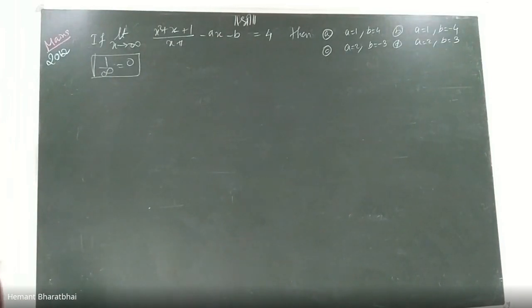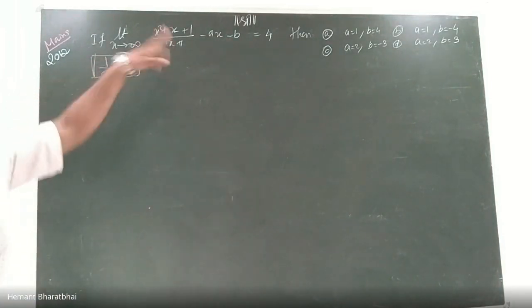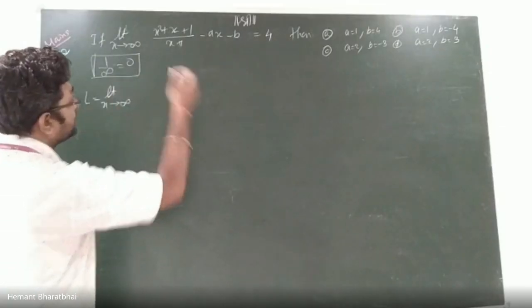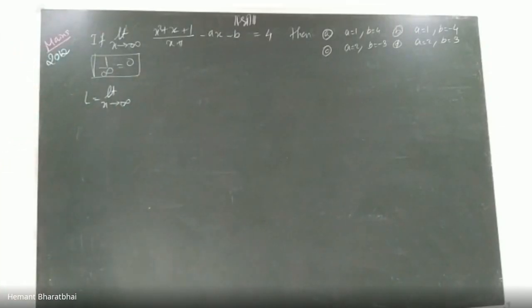Why? Because 1 by infinity is 0. So the technique will always be somehow we take the terms common and get this kind of term 1 upon x, so that I can substitute the limit. Before that, first we'll equalize the denominator because we need to find out the value of a and b.